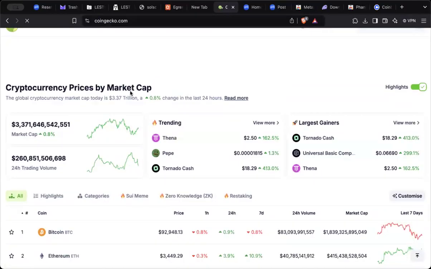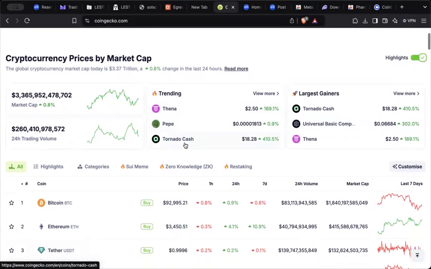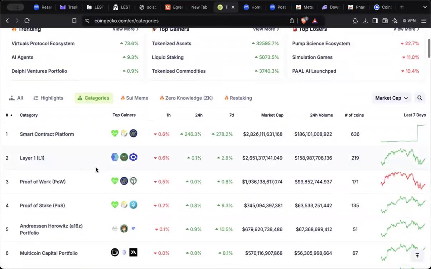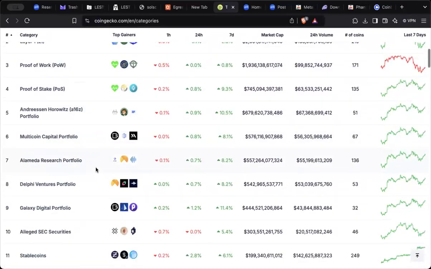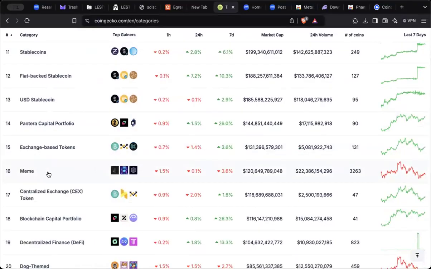On here, what you're going to be looking at is what's trending right now. If you go to categories, it will list the categories of all the different cryptocurrencies. And what we're going to do is scroll all the way down to memes.